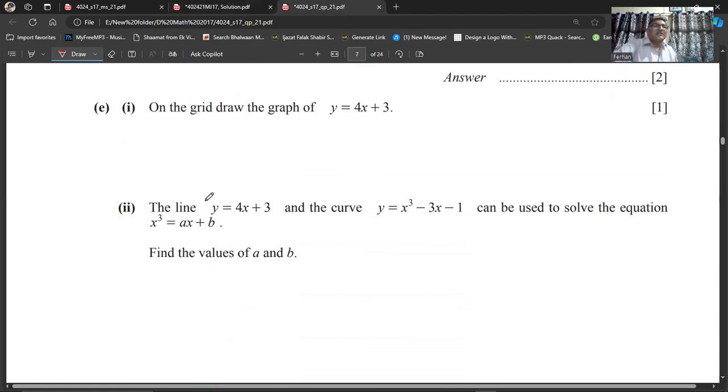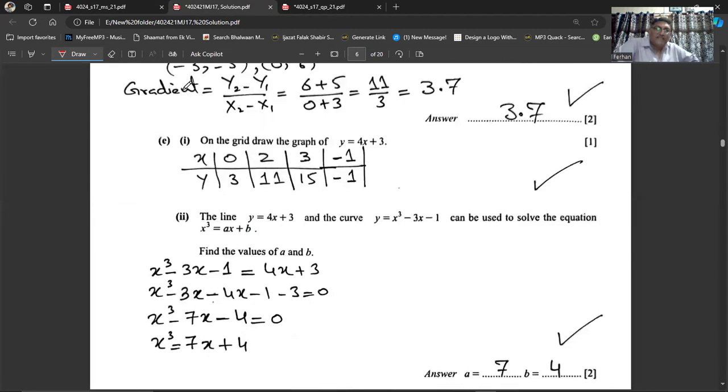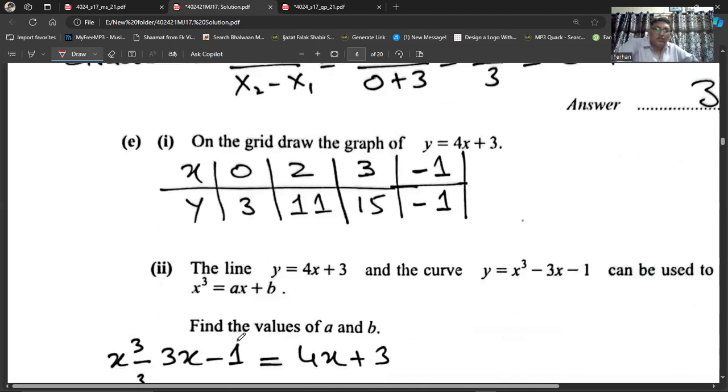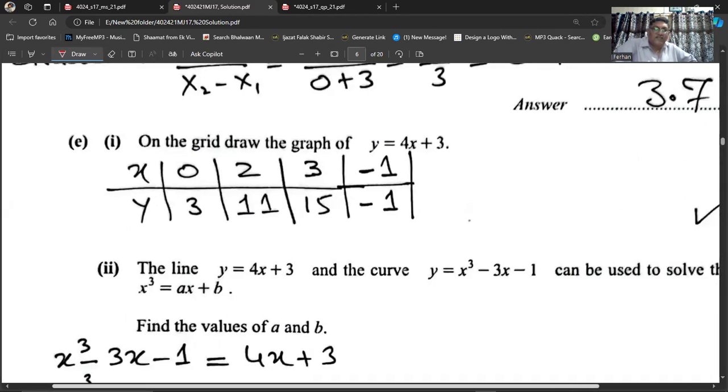Then he says, on the grid, this is the E part of question number 5, draw the graph of y equals 4x plus 3. So I will make a small table for this. When x is 0, the value of y will be 3. When x is 2, the value of y will be 11. When x is 3, the value of y will be 15.